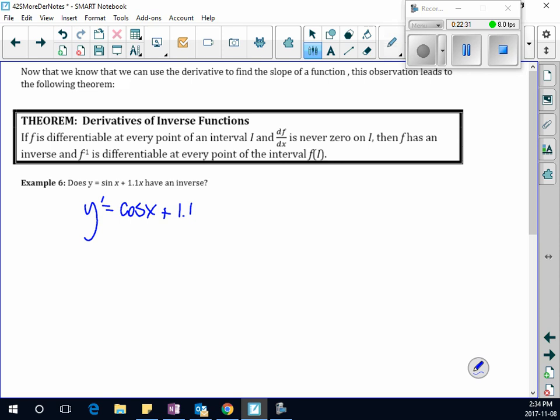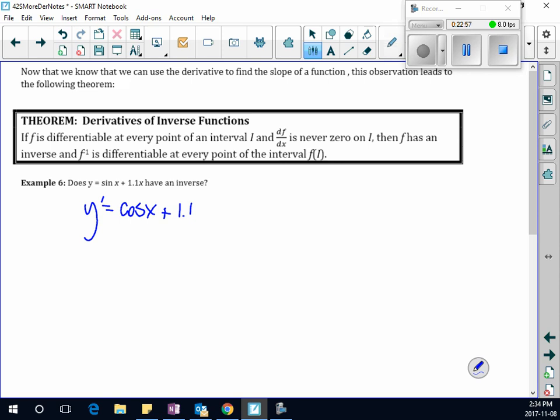Yes, but then we're also adding 1.1x to it. So it's a little bit goofier than the wave that we normally think of. But the derivative is never 0. So this is the kicker here. Can I prove that the derivative is never 0? You might say you can find a derivative of cos that's 0, for sure. But then you're adding 1.1 to it.